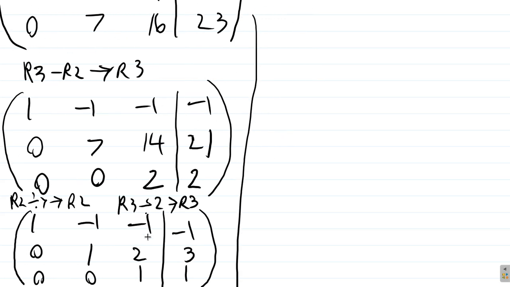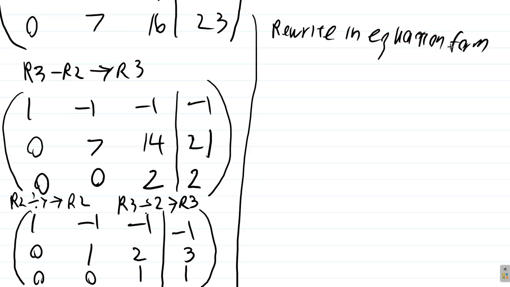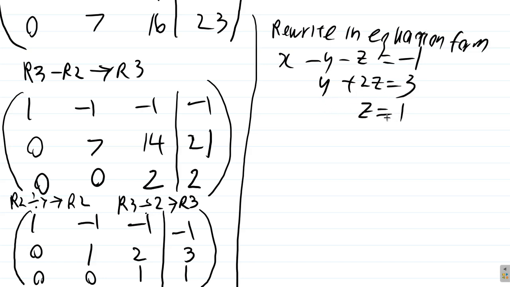It's a case now of rewriting in equation form. So when we do that, we have x minus y minus z equal negative 1. y plus 2z equals 3 and z equals 1. So we see that z equals 1. Substitute z equals 1 in equation 2. y plus 2 equals 3.